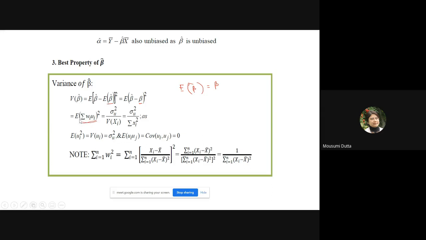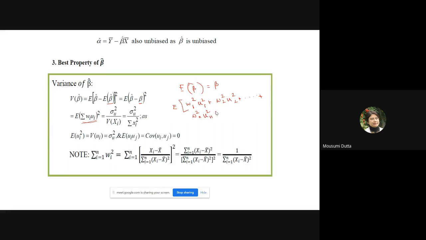Okay. So if you get it, it is expectation of summation wi ui whole square. So basically it is expectation of summation of wi ui whole square.